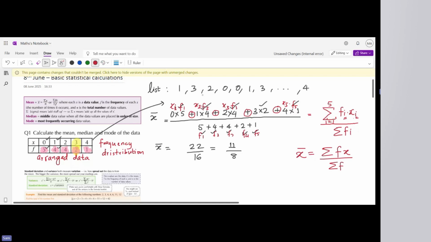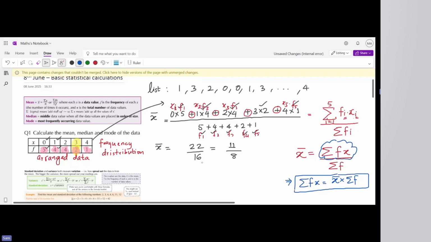Now, this will give us a very important term. Can you make sigma fx the subject from here? So this will give me sigma fx is x bar times sigma f, which is 11 over 8 times the whole frequency, and the total frequency was 16.